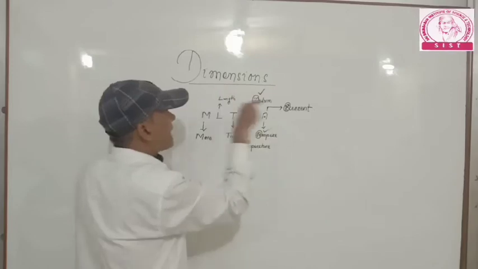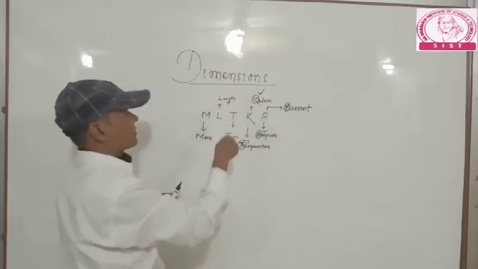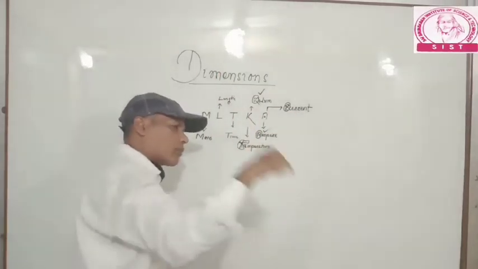Next question is dimensional formula and dimensions. What is the difference between dimensional formula and dimensions?